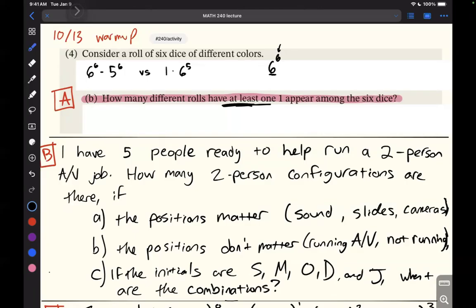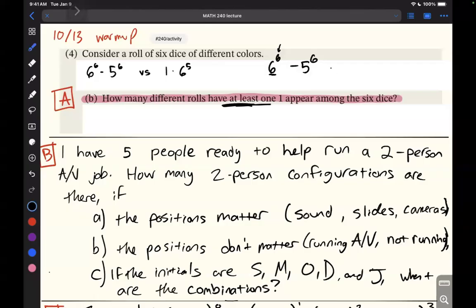The other option is that the complement rule is anything but what we want. And so if we want a 1, then the complement of that is that there's no 1s, right? 1 is disallowed. And so from that, we've got 6 dice, but only 5 options are allowed. And so by the complement rule, we end up subtracting the complement, which is we have 6 dice, but only 5 options are allowed.